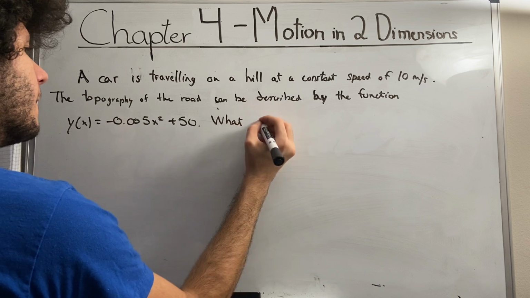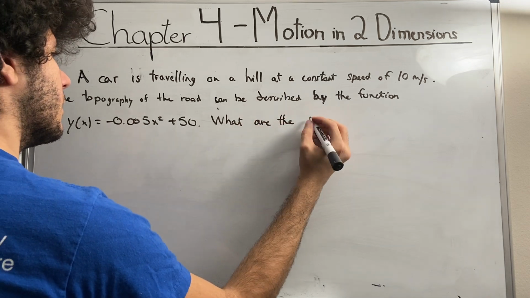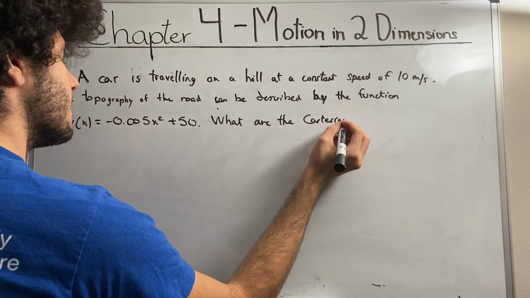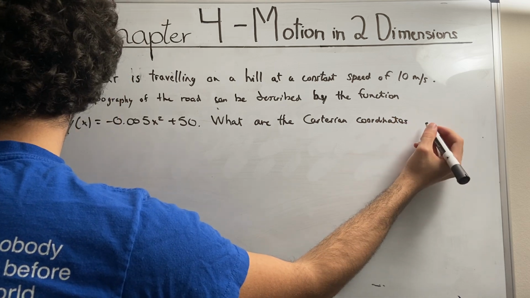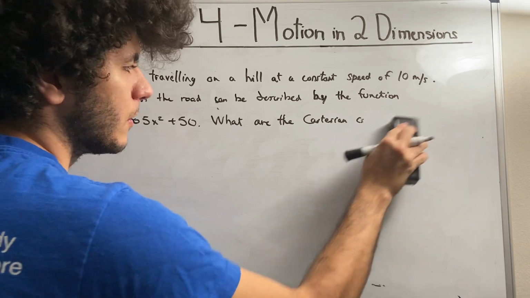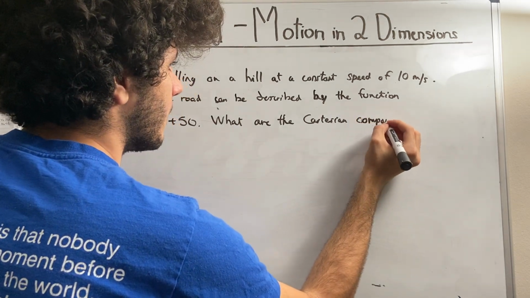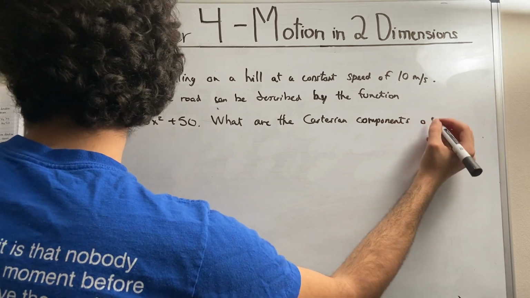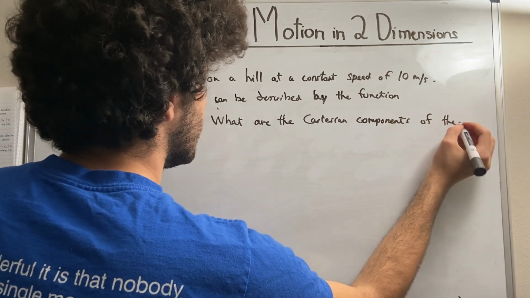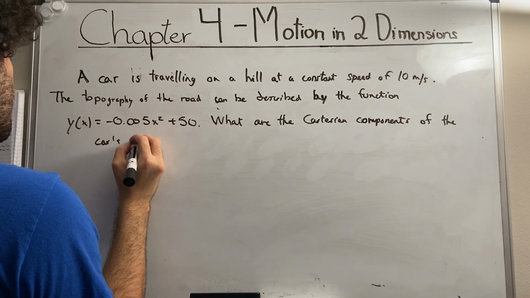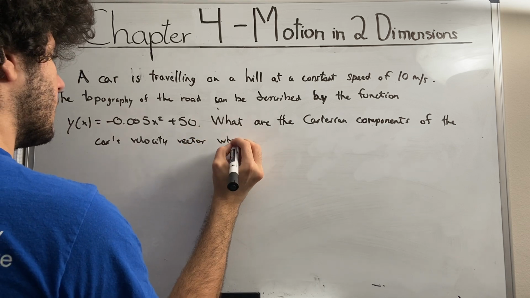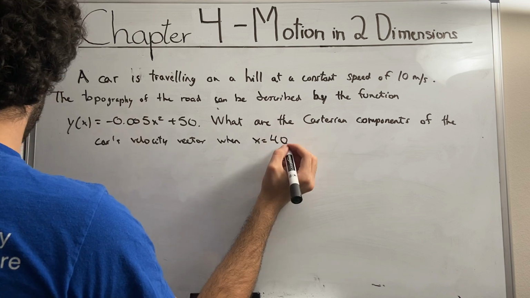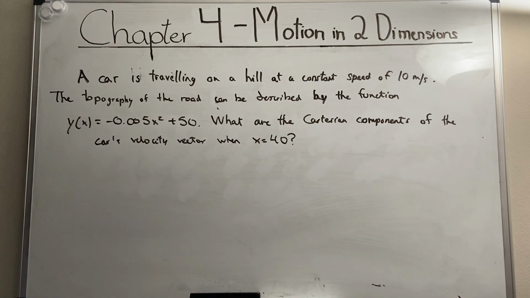What are the Cartesian coordinates or components of the car's velocity vector when x equals 40?